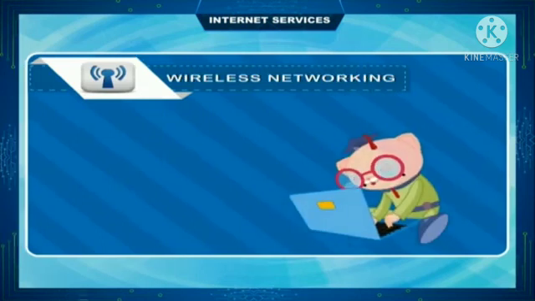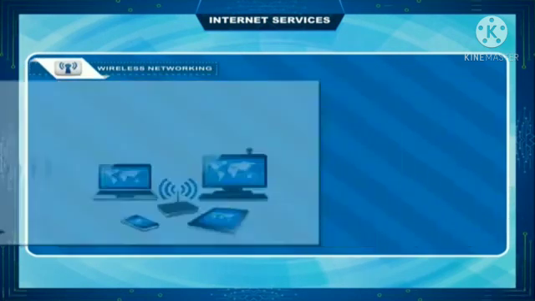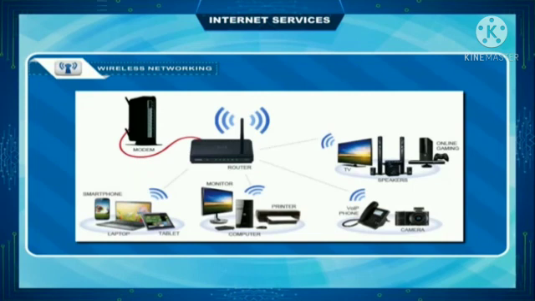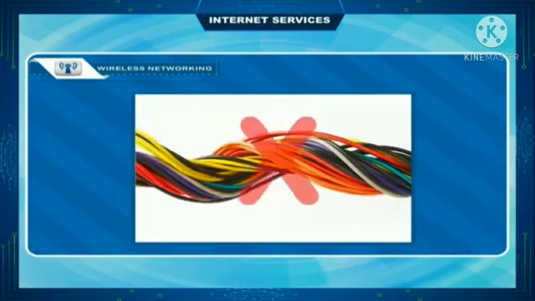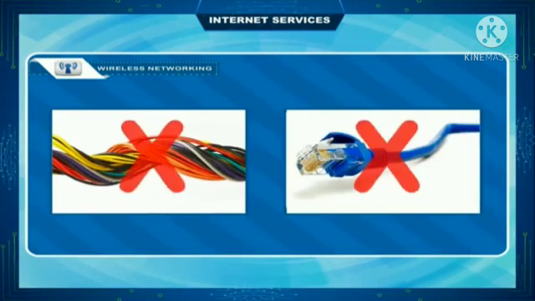Wireless networking. A wireless network is a flexible data communications system implemented as an extension to or as an alternative for a wired network. Wireless networks use radio frequency (RF) technology to send and receive data over the air. It does not use wires or cables.